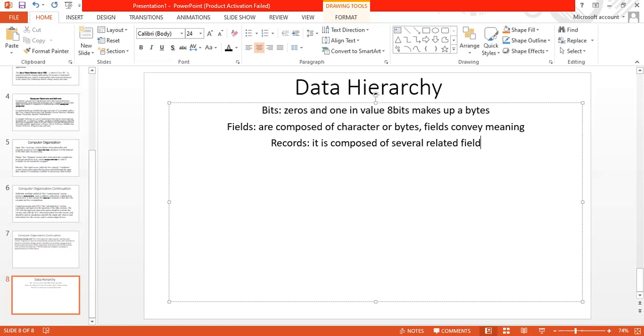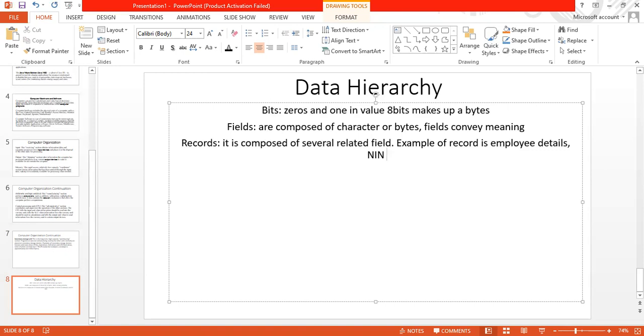So what do I mean? Let me give an example of what is called a record. An example of a record is employee details. Another example is our NIN details.